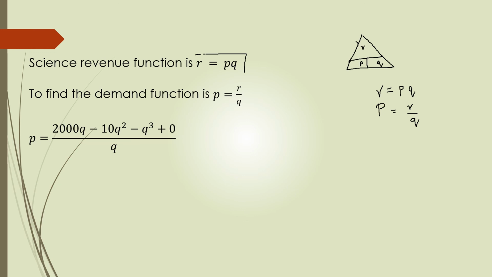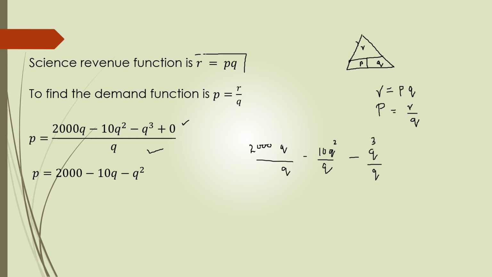So this is the value of R divided by Q. Okay, so now 2000 Q divided by Q, just solve it separately, so it will become 2000 Q divided by Q minus 10 Q square divided by Q, and minus Q power 3, and then divided by Q. So now this Q and Q will be cancelled.